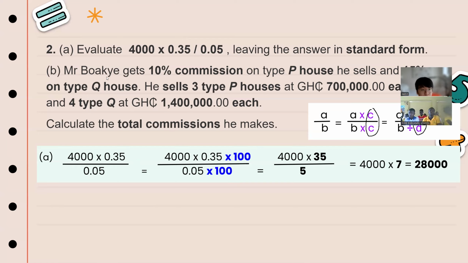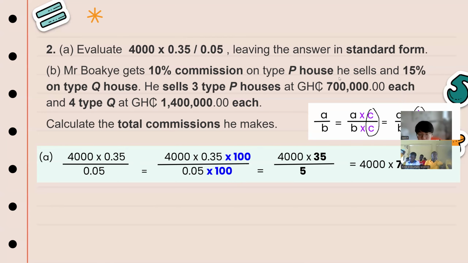So Mr. Boake gets 10% commission on each type P house he sells and 15% on each type Q house.